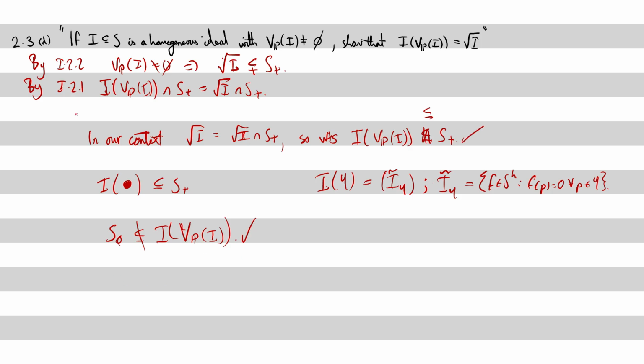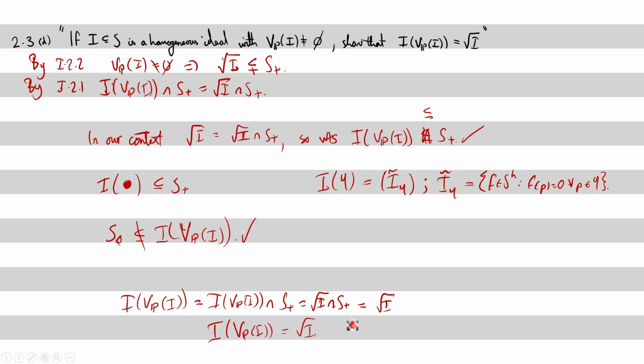Therefore, I of the vanishing set equals this intersect S plus equals this intersect S plus equals the radical of I. In particular, we skip out these two redundant things. I VP I is equal to the radical of I.